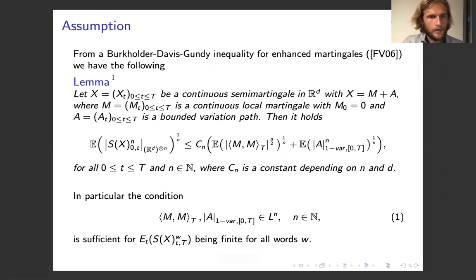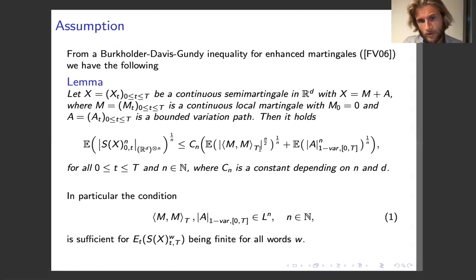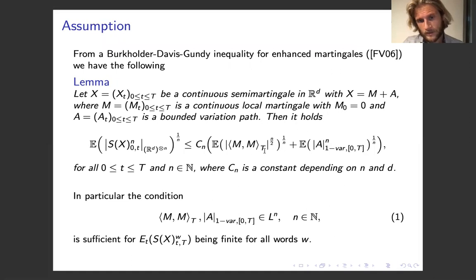Now, let me give a condition for the well-definedness of the expected signature. This one follows from the Burkholder-Davis-Gundy inequality for enhanced martingales. If you have this martingale decomposition of our continuous semimartingale, then the expectation of the nth signature level is bounded by moments of the quadratic variation at the final time and moments of the one-variation norm of the bounded variation path.